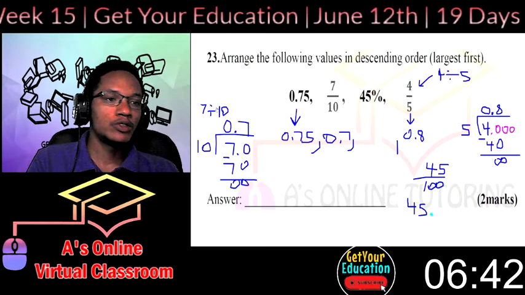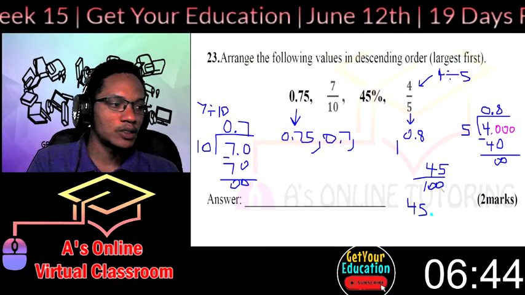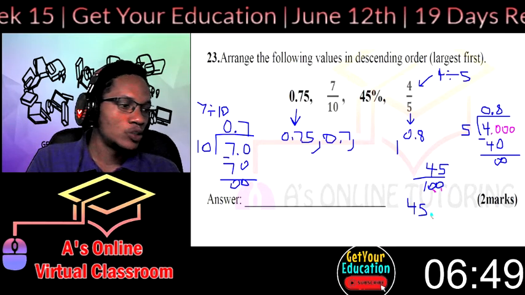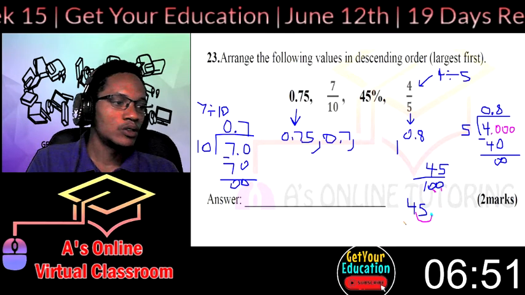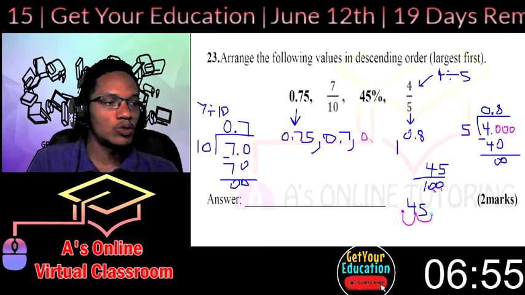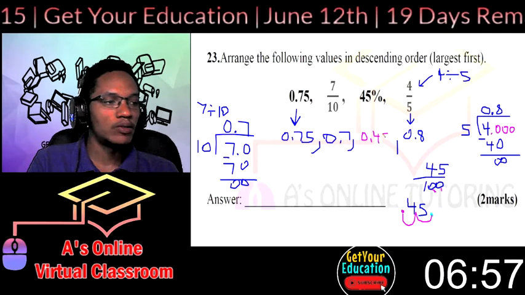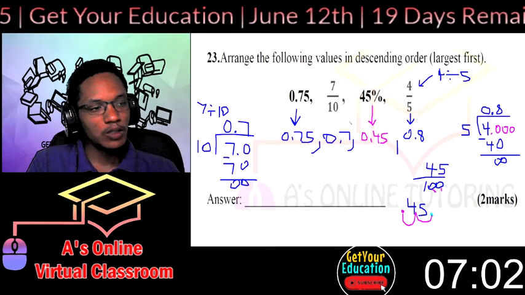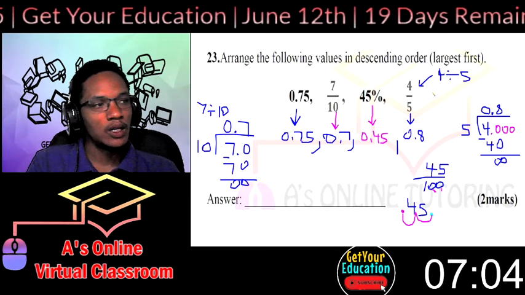So what we'll have to do is move our point 2 times, because we have 2 zeros in 100. So we'll move it 1, 2, putting our point here, giving us 0.45.